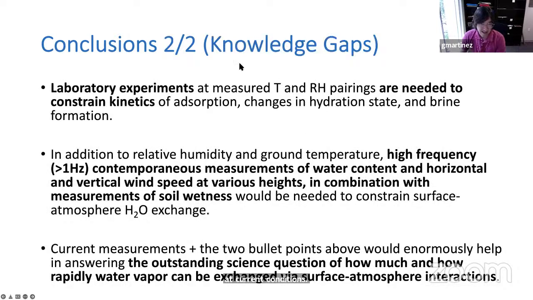And in terms of knowledge gaps, this was better covered by Edgar and Kat Williams, but I think that laboratory experiments at lower temperature and relative humidity are needed to constrain kinetics of these four processes, because again, we want to understand these four processes to characterize the water cycle on Mars, and therefore climate, brine formation, ISRU, planetary protection, etc. In addition to our current observations of relative humidity and temperature, it would be ideal to have high frequency contemporaneous measurements of water content and vertical wind speeds at various heights so that we could measure fluxes, but this has been covered in previous talks.